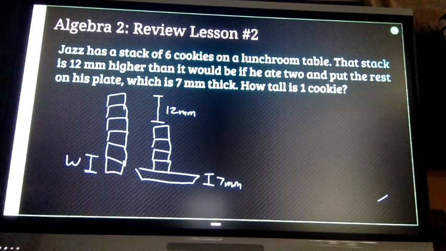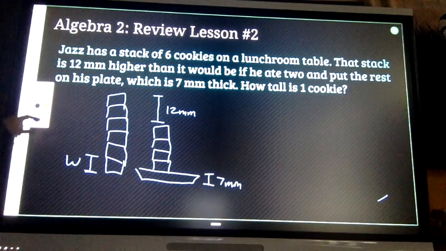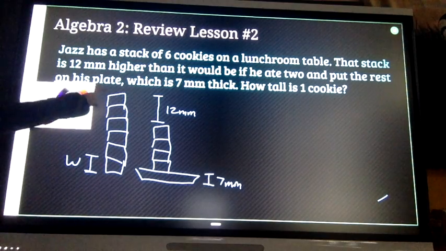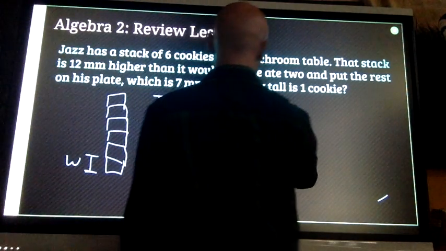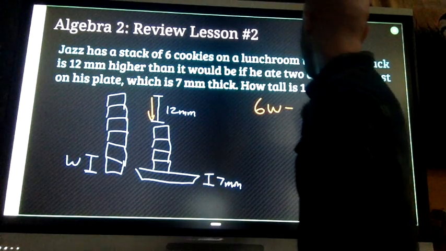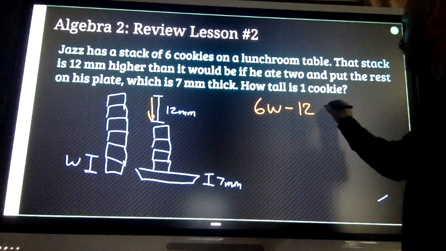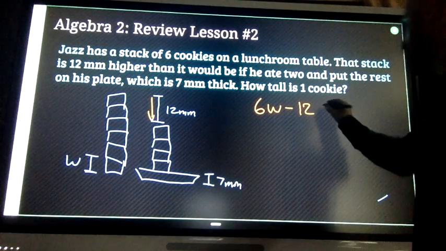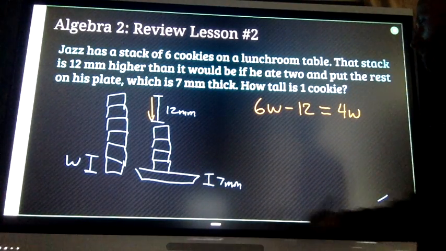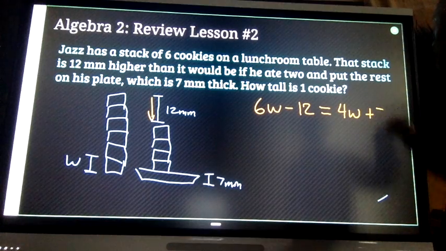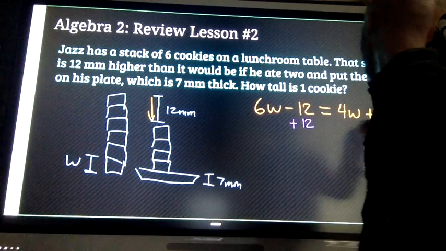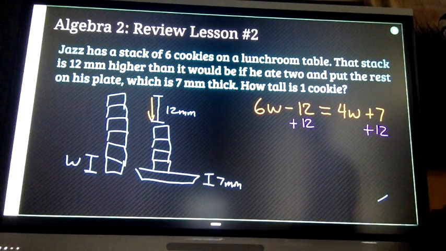Question, what's the width of 1 cookie? So we'll call that W. And I try to build an equation out of that. All right, so we've got 6 W's minus 12 millimeters will be the same height as 4 W's plus 7 millimeters. All right, set up an equation. Add 12 to both sides.